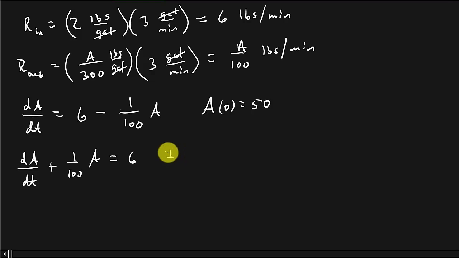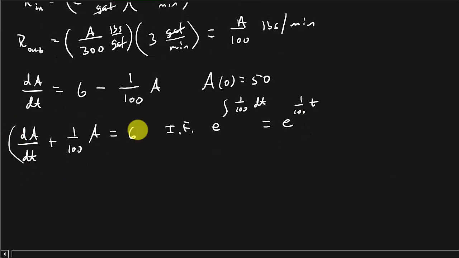And so our integrating factor is e to the integral of 1 over 100 dt, which is equal to e to the 1 over 100 t. We're going to multiply each term times e to the 1 over 100 t.